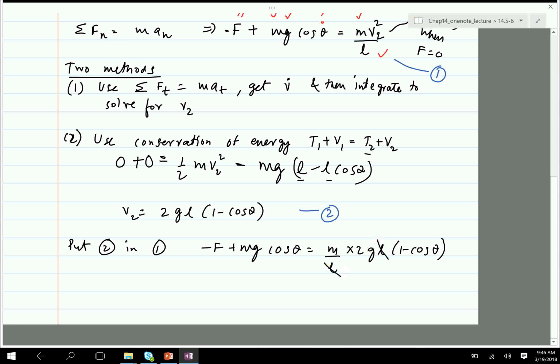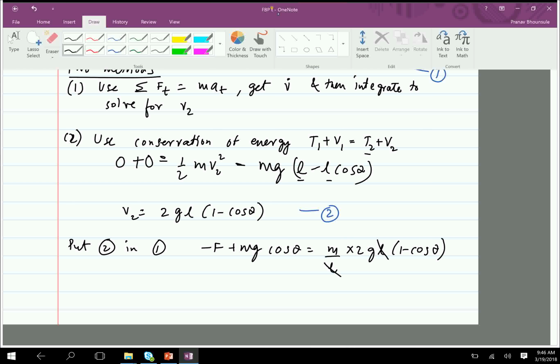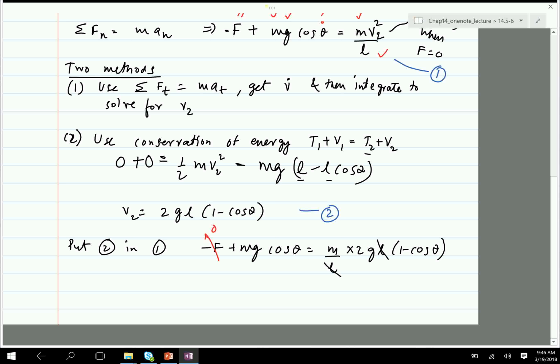Okay, so the L cancels off. F is 0. M cancels off. I'm left with G cosine theta equals 2G minus 2G cosine theta.